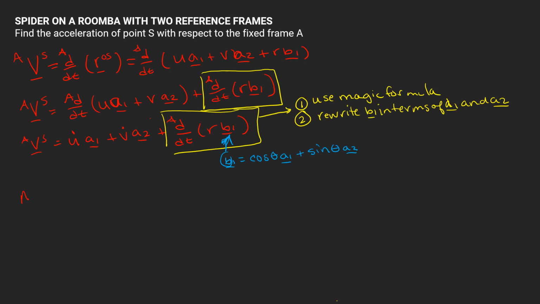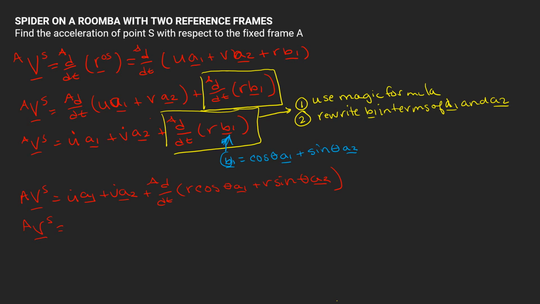Now we can write this as U dot A1 plus V dot A2 plus the time derivative of R cosine theta A1 plus R sine theta A2, all in frame A. And again, now that everything is written in terms of the A1 and A2 unit vectors, we can easily take this derivative.